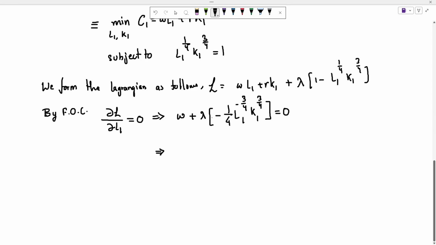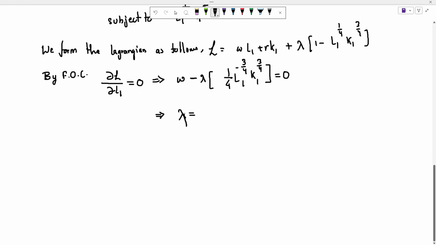We have essentially a minus sign here, so it can go there, and ultimately lambda would be 4 times L1 to the power minus 3/4, K1 to the power 3/4. Wait, it's better to not jump steps and do it right.